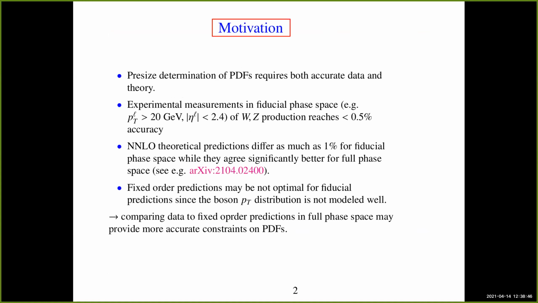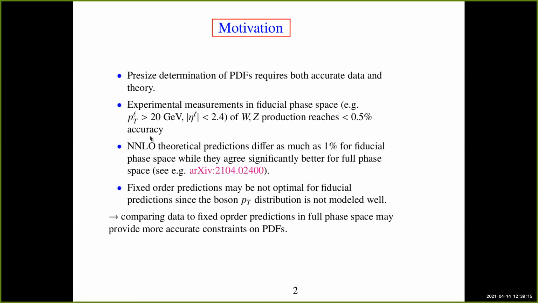Just a few words of motivation. Obviously, if we want to determine PDFs with high accuracy, we need both accurate predictions and data. And for the data, there are limitations. We cannot measure in the regions where we have no detector, so we have to apply cuts, so-called fiducial cuts.